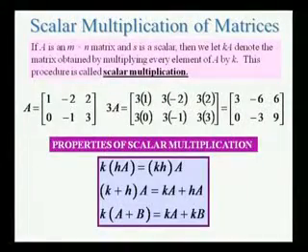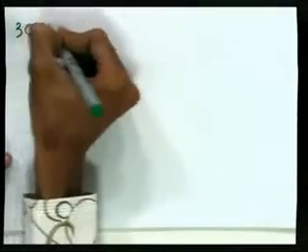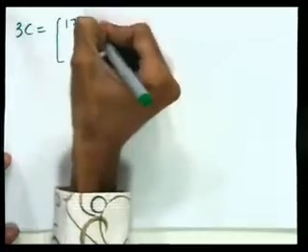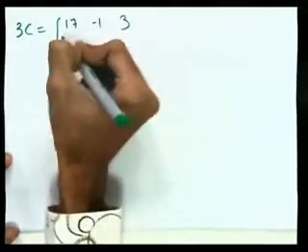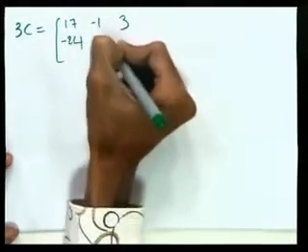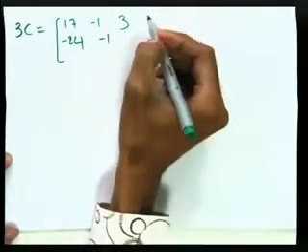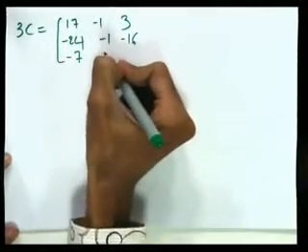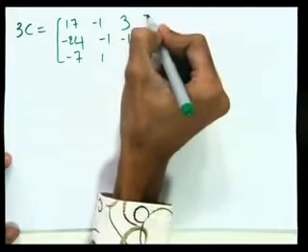B is equal to [17 minus 1 3; minus 24 minus 1 minus 16; minus 7 1 1].